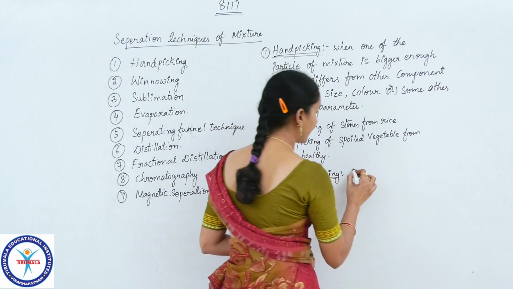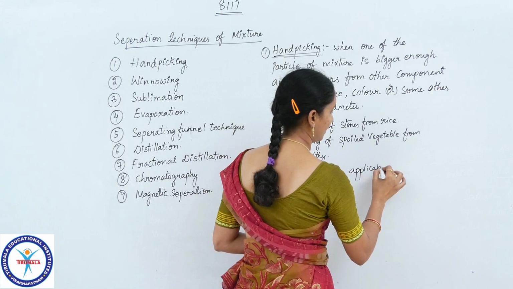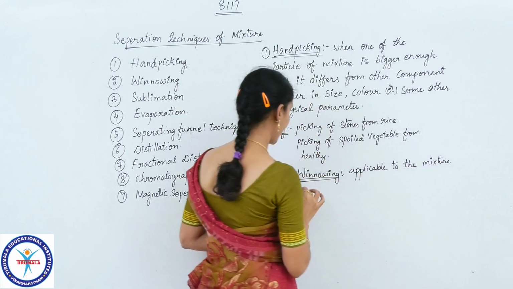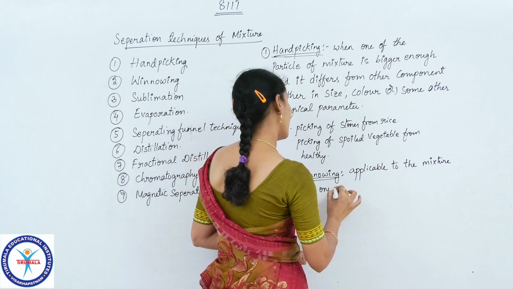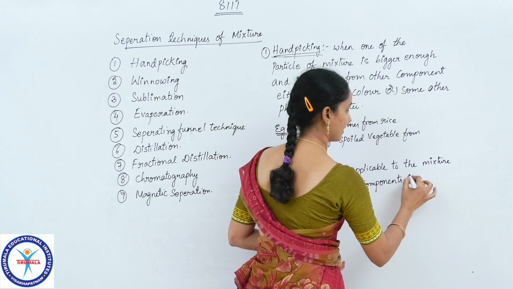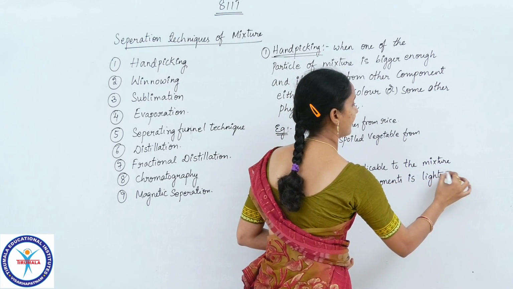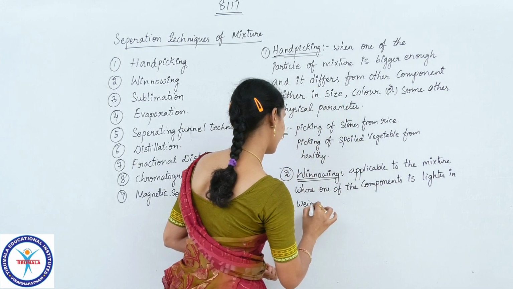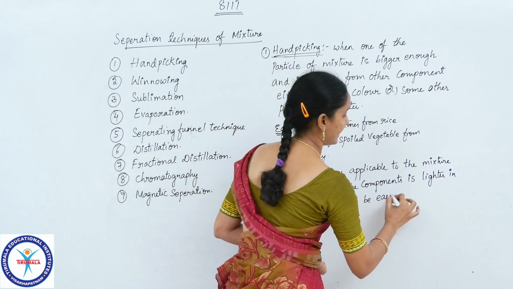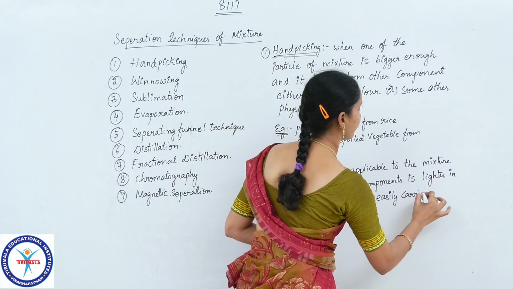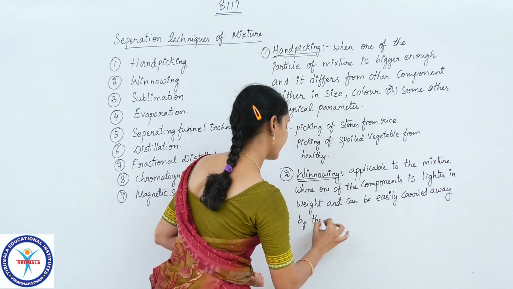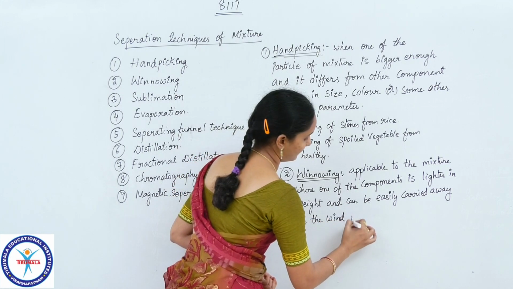So winnowing is applicable to mixtures where one of the components is lighter in weight and can be easily carried away by the wind.